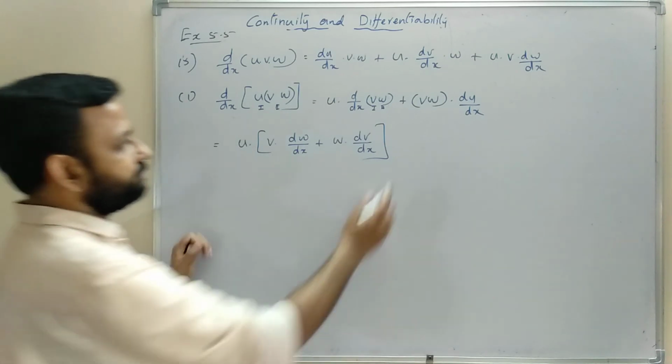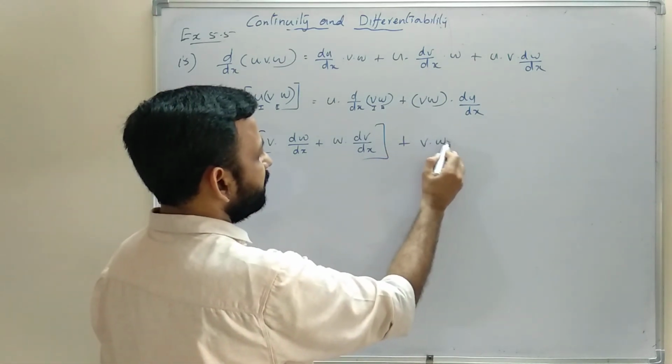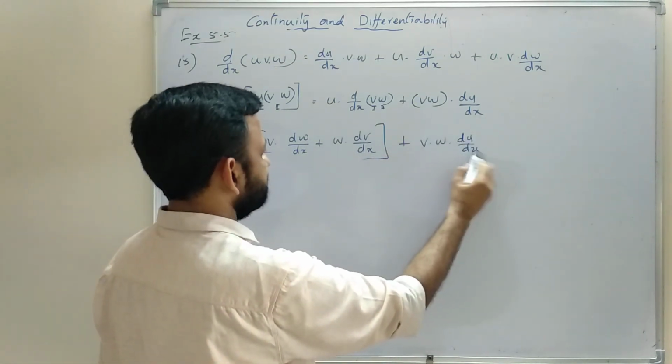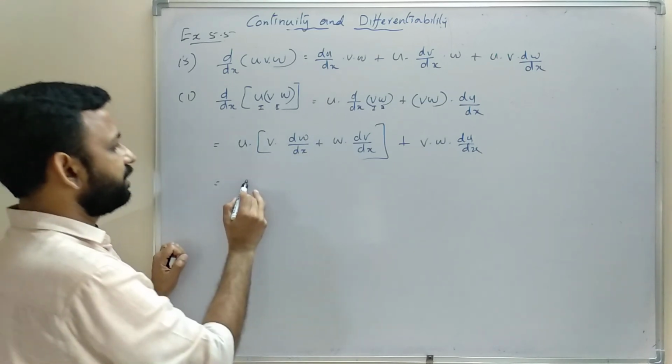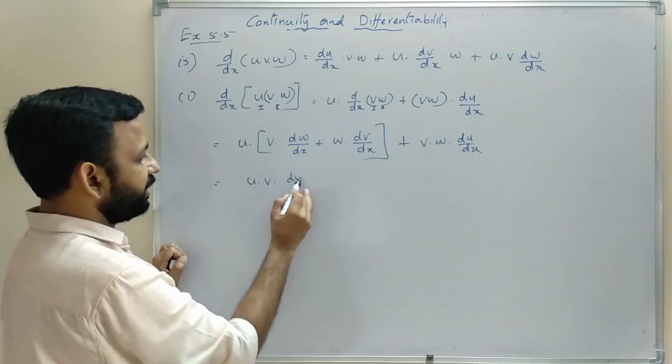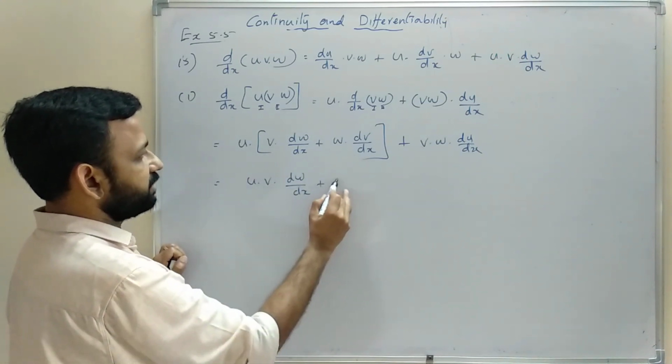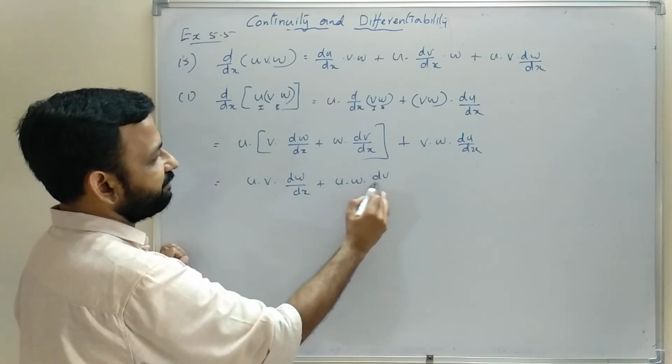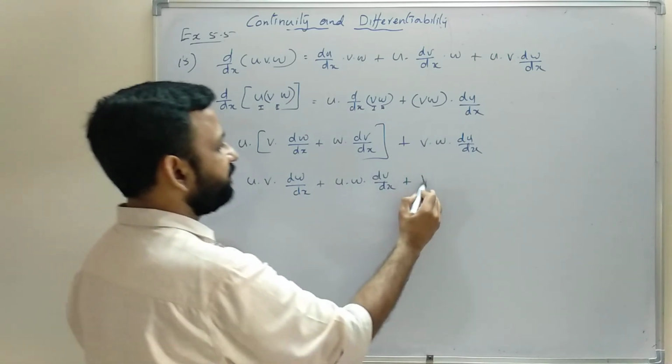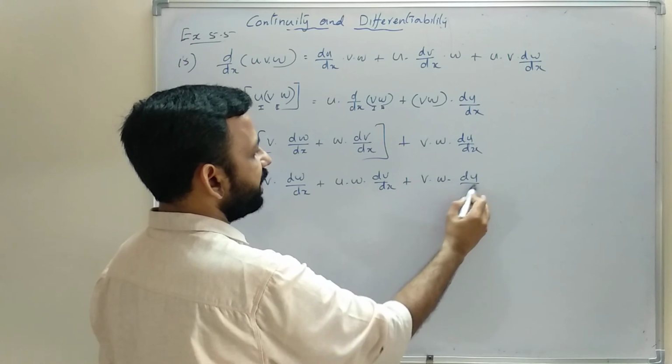Then plus v into w into du by dx. Now we can open the bracket: u into v into dw by dx plus u into w into dv by dx plus v into w into du by dx.